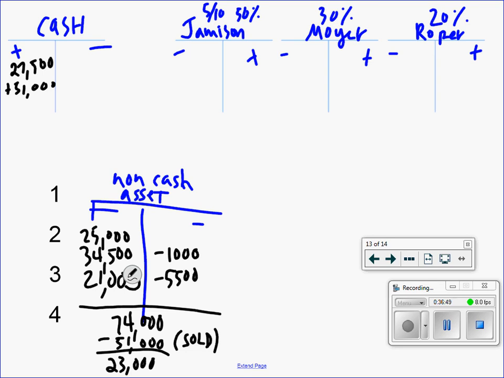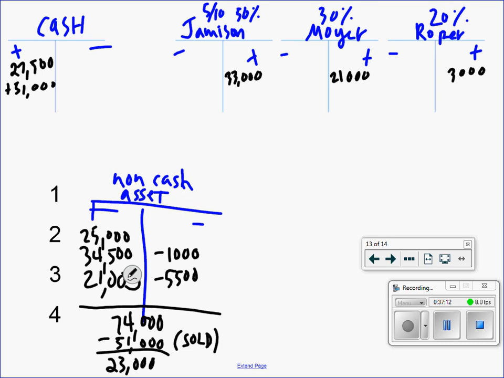I should have done this before. My apologies. Let's put in the balances for the partners. How much is Jameson sitting there with before we liquidated? 33, thank you. How about Moyer? 21. And Roper? $3,000.